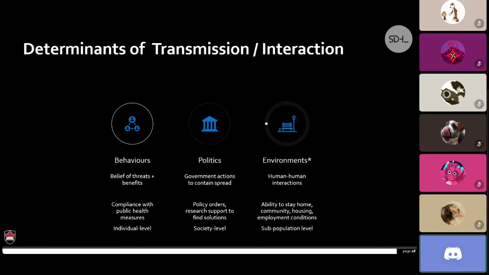One of the debates that's been going on, at least in Ontario, is the provision of sick leave to individuals who often don't really have the choice but to go to work, and will go to work anyway because they have no income support to stay home. That also serves as a determinant of transmission, because it forces people to interact with others and potentially spread the disease. Next slide, please.